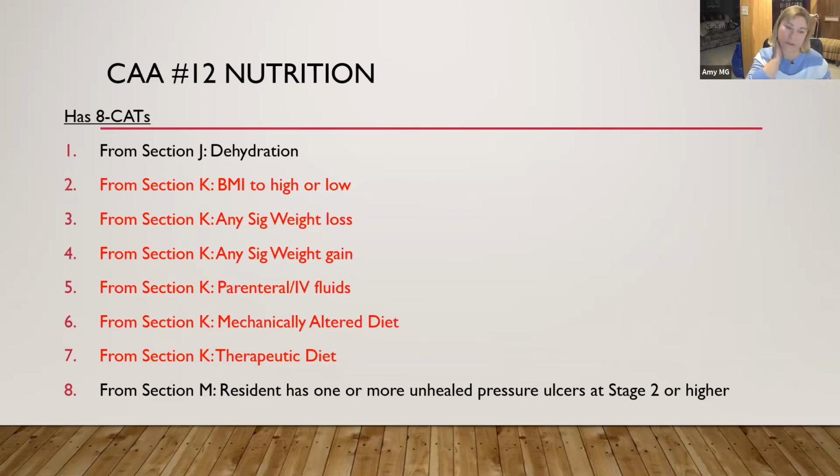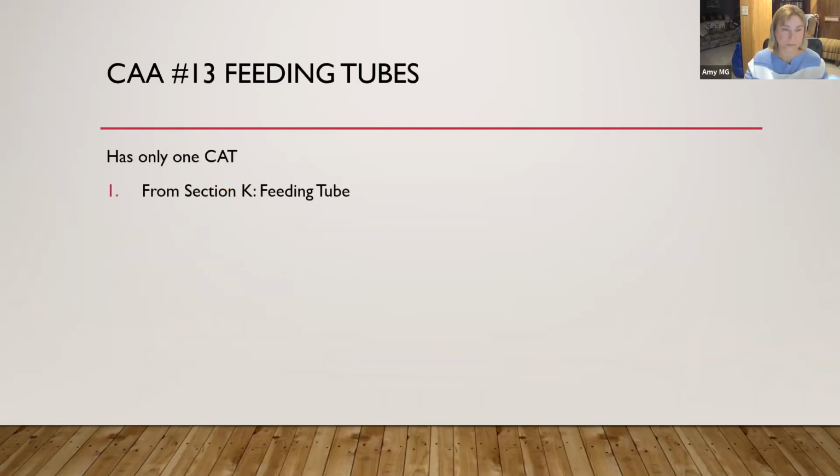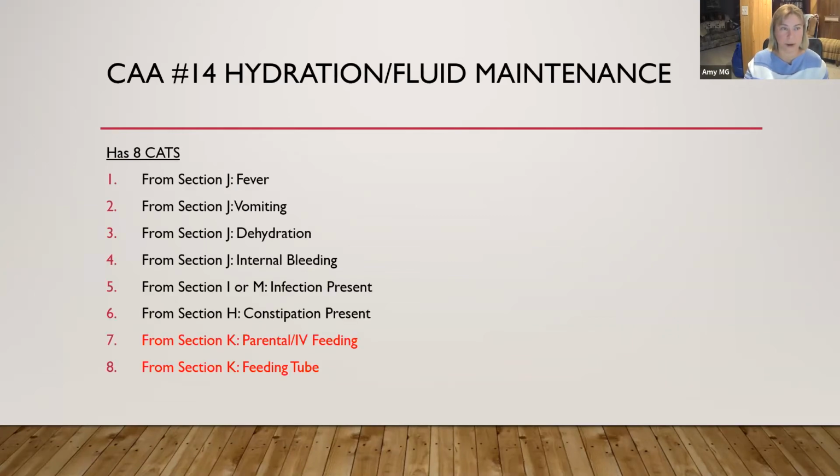And then it will also trigger in Section M for number 12 if they have a pressure ulcer that is stage 2 or higher. And then number 13 with feeding tubes, that's pretty self-explanatory that they will trigger. CAA number 14, hydration and fluid maintenance, has 8 CATs that could potentially trigger.